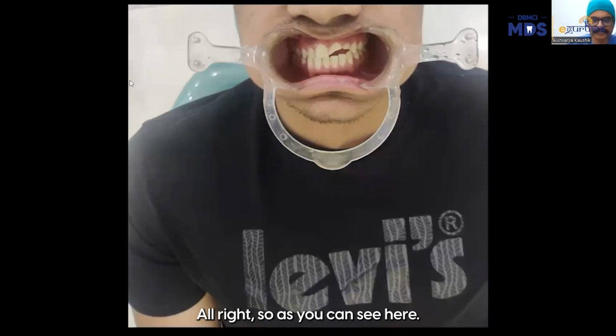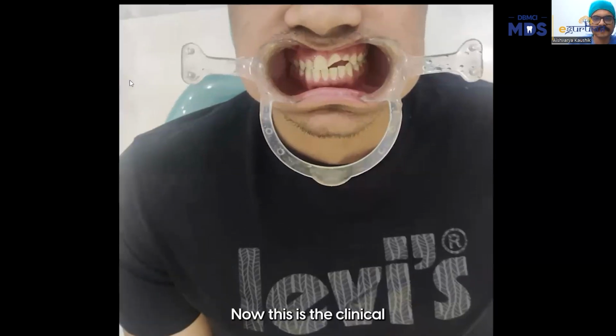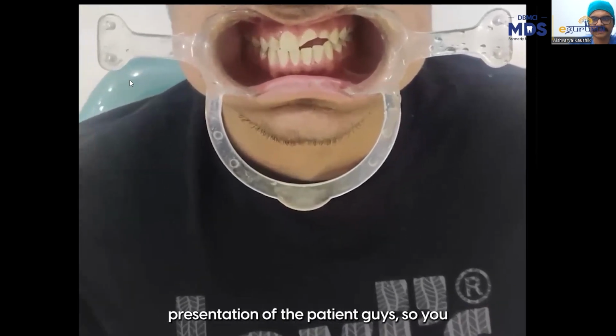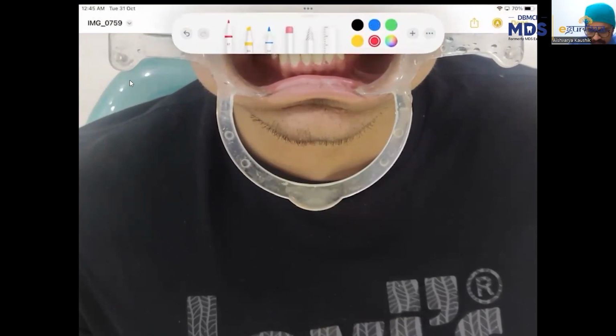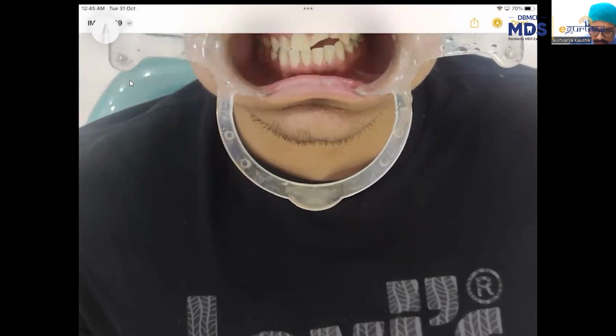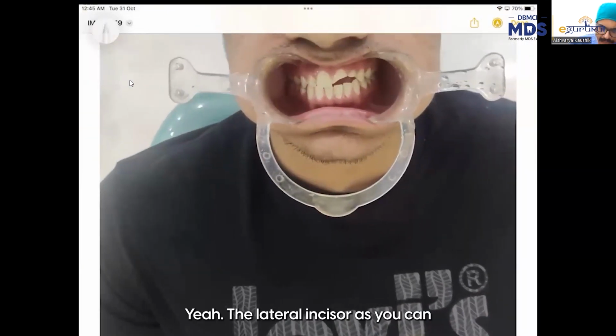Now this is the clinical presentation of the patient, guys. You can see here the upper left central incisor and the lateral incisor. In the lateral incisor, less than half of the tooth structure is remaining.